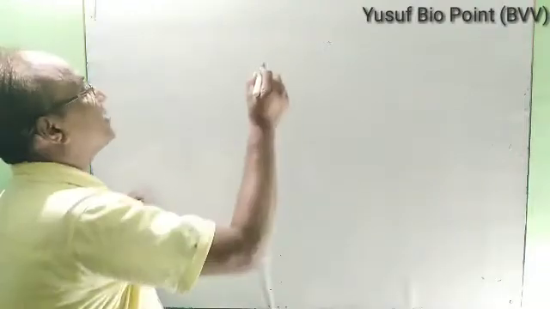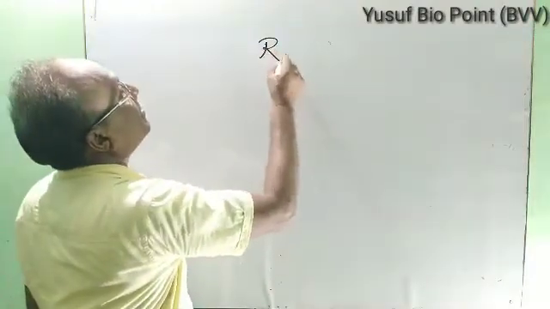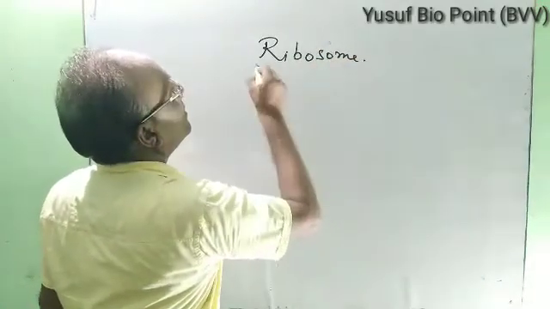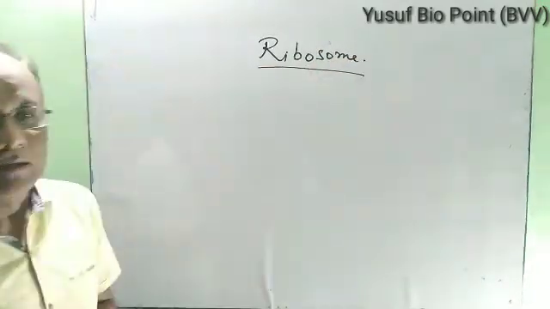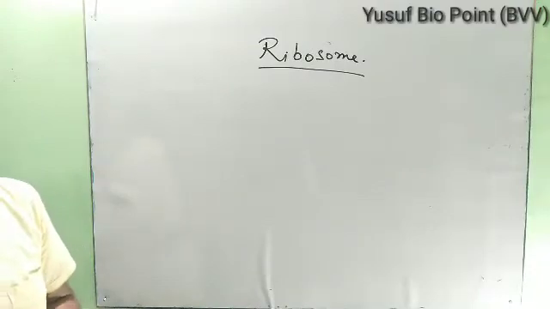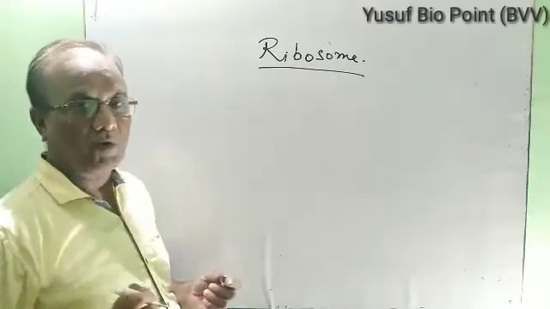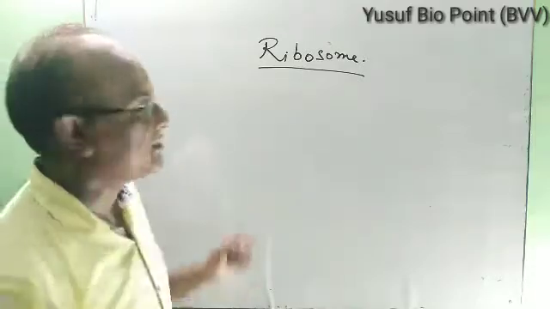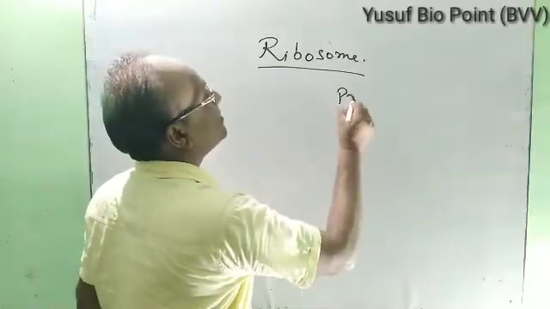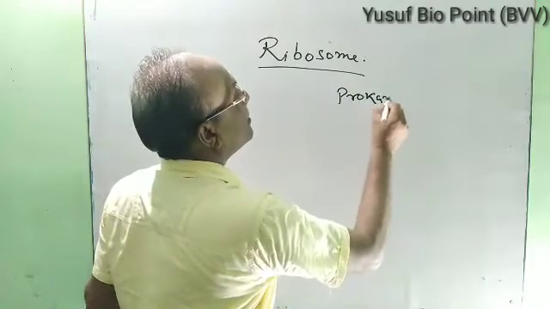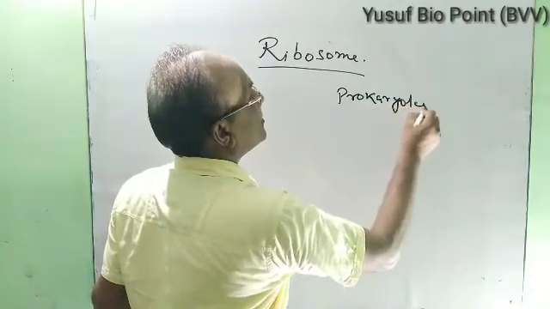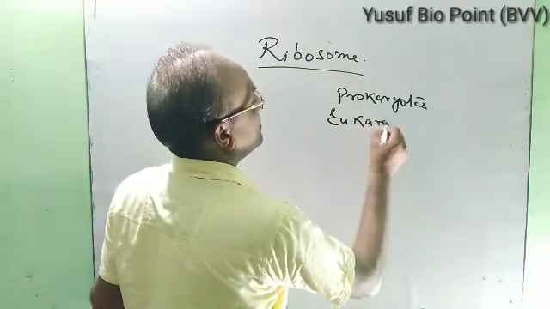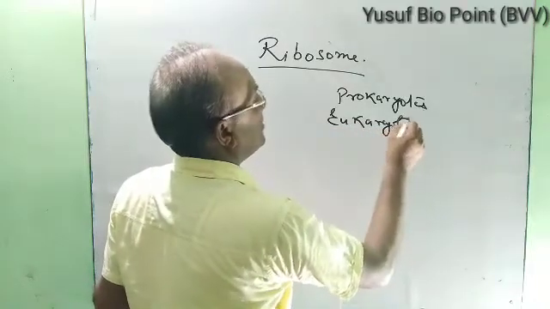Now the next one is the ribosome. You know that it is one of the most important cell organelles of the plant. It is found in both prokaryotes and eukaryotes.